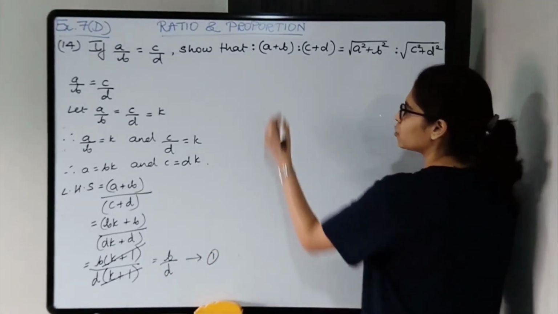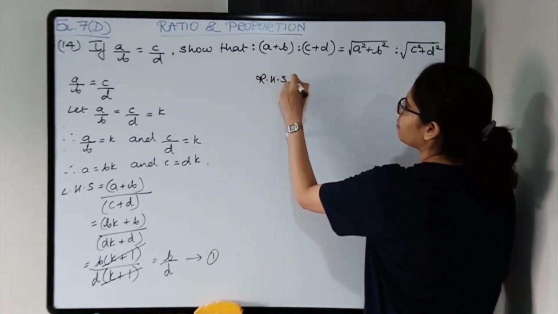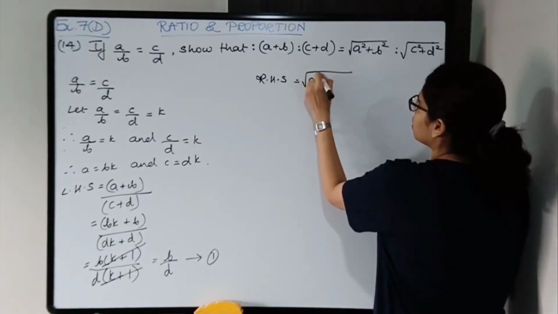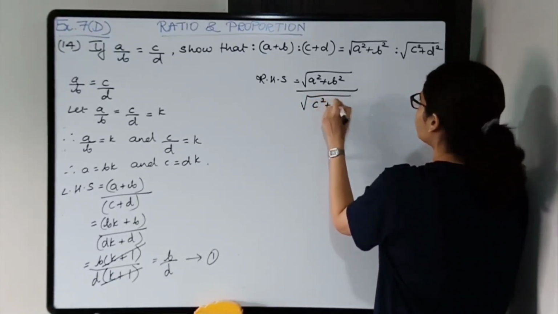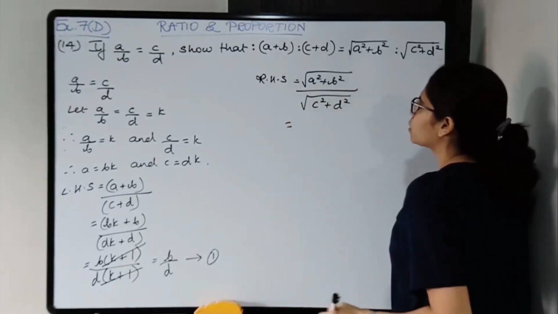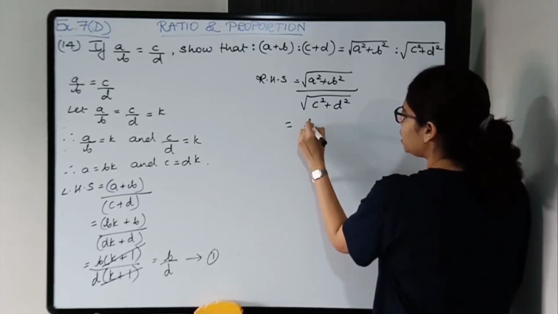Now we'll consider RHS. So RHS is A square plus B square upon the root of C square plus D square. So A is BK.